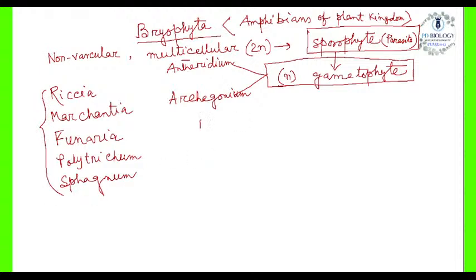The most economically important function of Bryophyta is that mosses along with lichen are the pioneer vegetation.